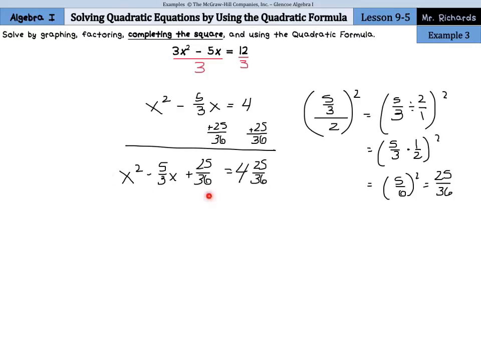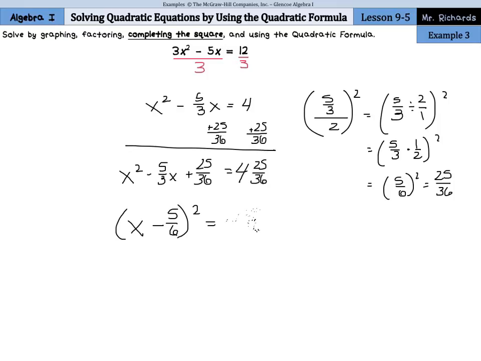On this left side, I do have a perfect square trinomial, so I can rewrite this then as x minus 5/6 squared equals 4 and 25/36. Before I take the square root of both sides, let's rewrite this 4 and 25/36 as an improper fraction.